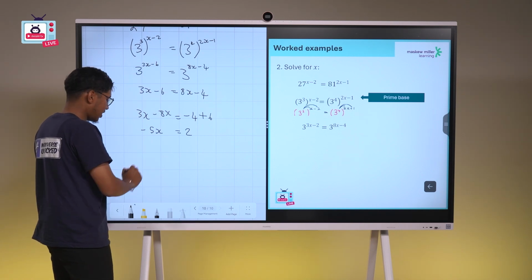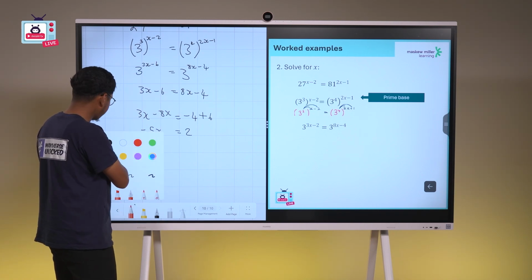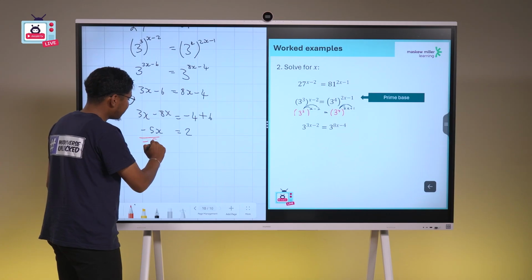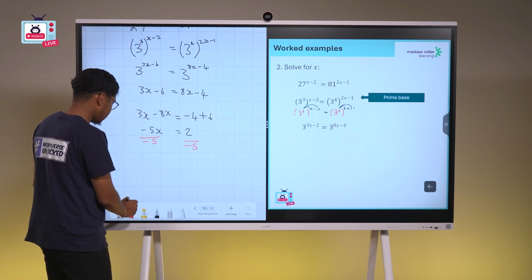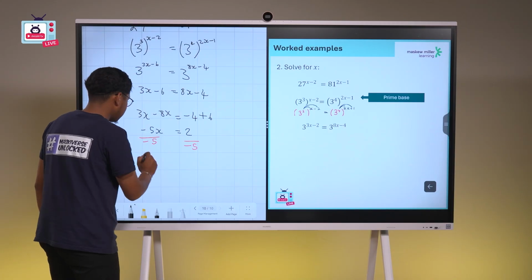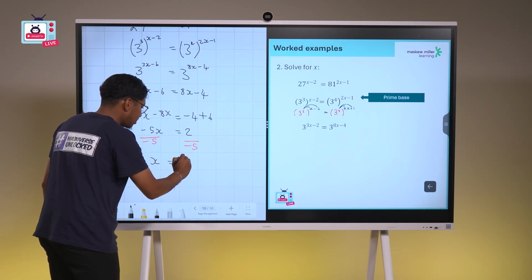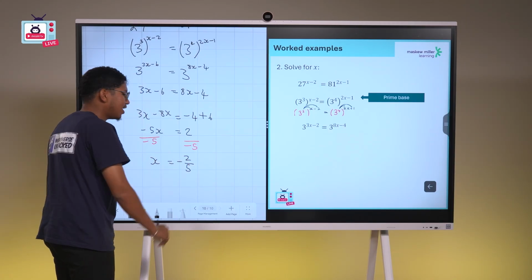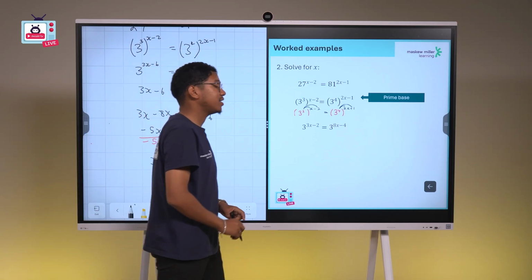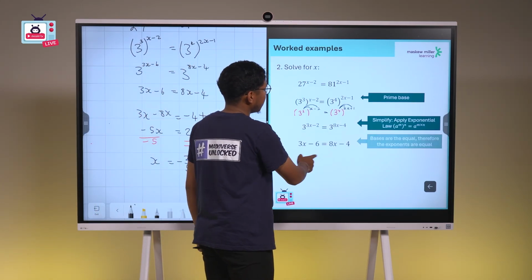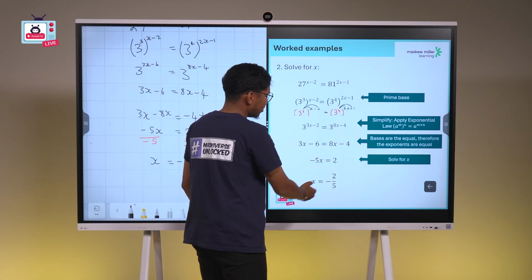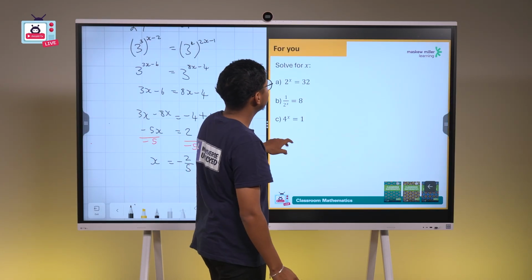I divide both sides by negative 5, right? So I divide by negative 5, I divide by negative 5, and my answer for x would be x is equal to negative 2 over 5, all right? That was another example involving exponential equations. So there I have my answer as negative 2 over 5, right?